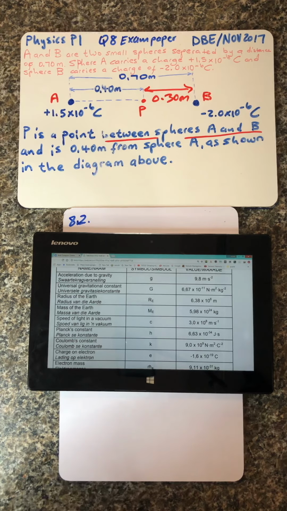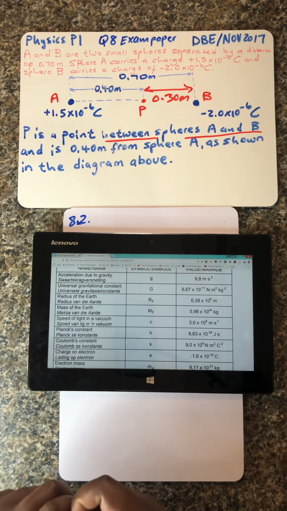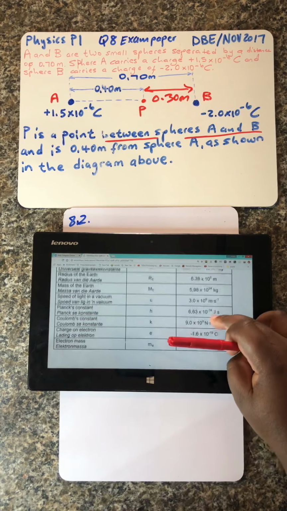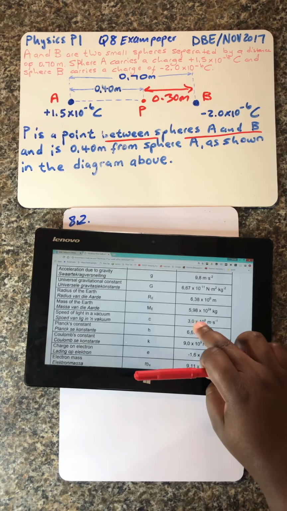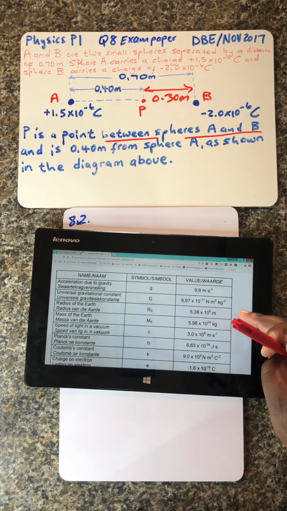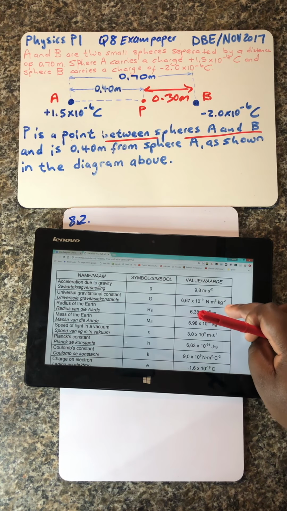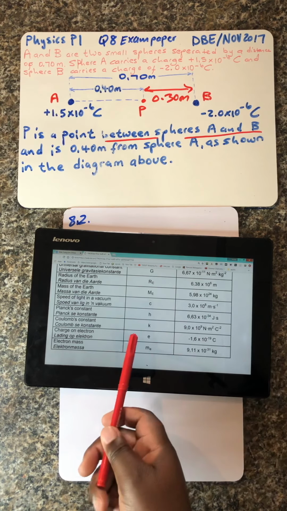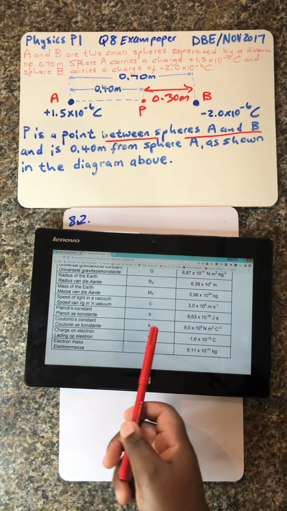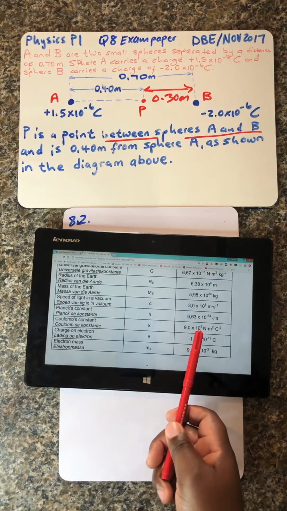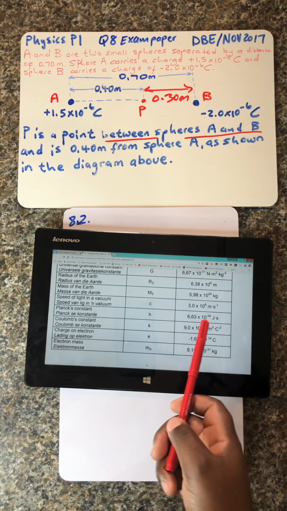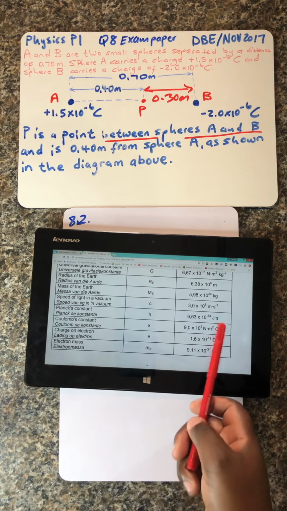So guys, in most cases, when it comes to this chapter, you might find that the constant we normally use is K. Can you see Coulomb's constant K, which is 9.0 × 10^9 N·m²/C²?